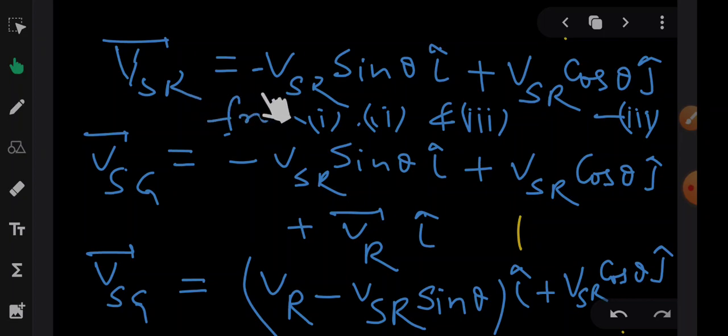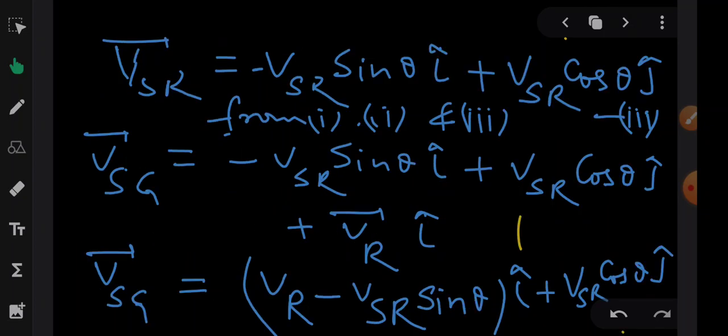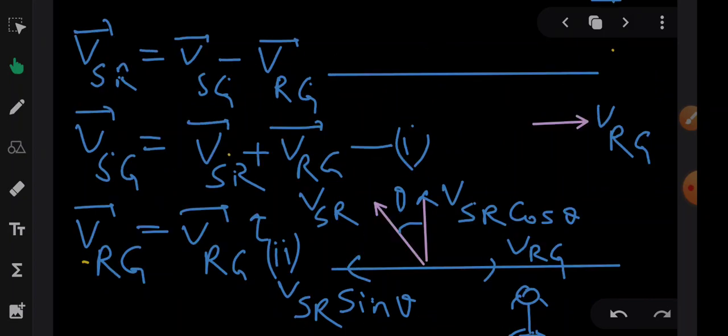As VSR sin theta is in the negative direction of the x-axis, here we will write minus VSR sin theta i plus VSR cos theta j, and the velocity of river with respect to ground is in the direction of the x-axis. So VRG is written as VRG i.